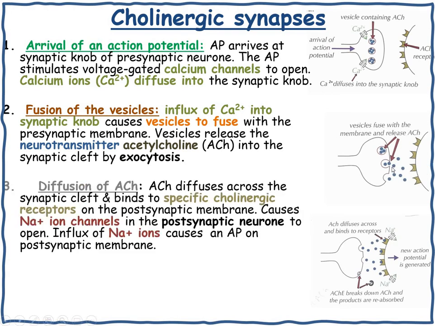Then the acetylcholine diffuses across the synaptic cleft and binds to specific cholinergic receptors on the postsynaptic membrane. And this causes sodium channels in the postsynaptic neuron to open, and the influx of sodium ions causes an action potential on the postsynaptic membrane.